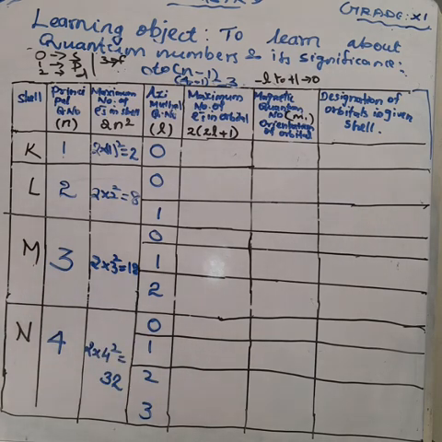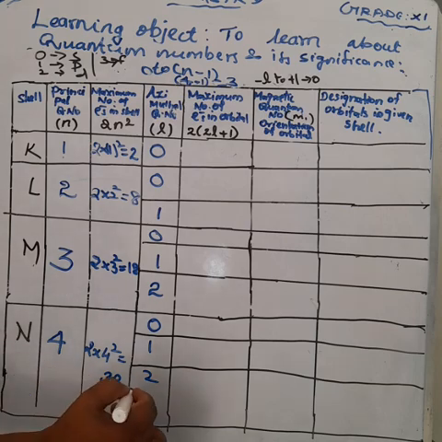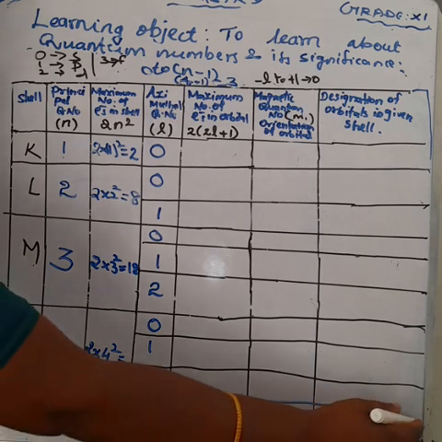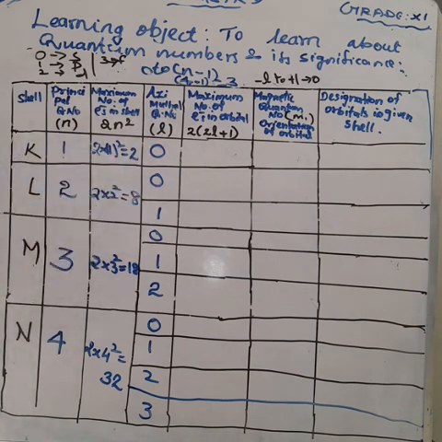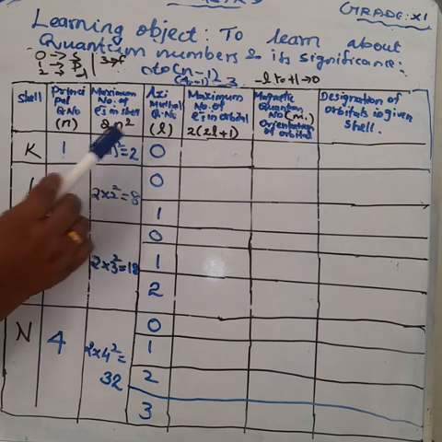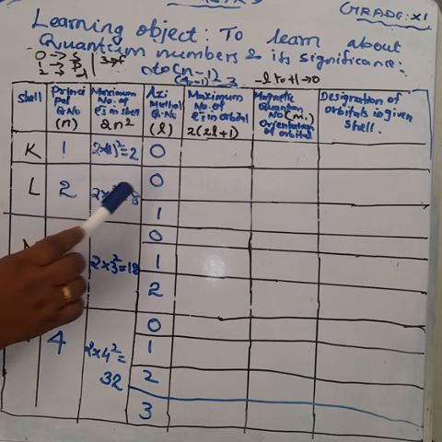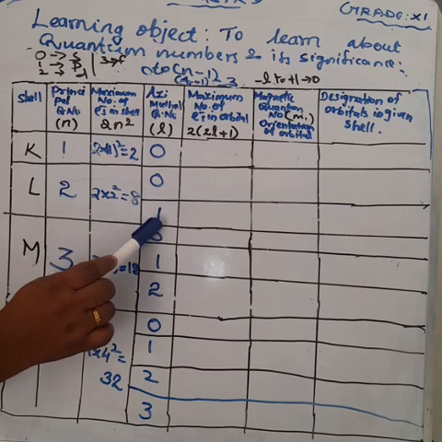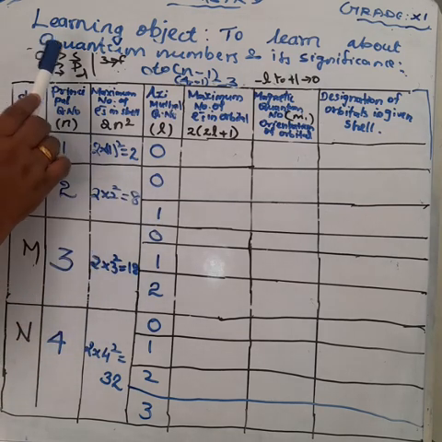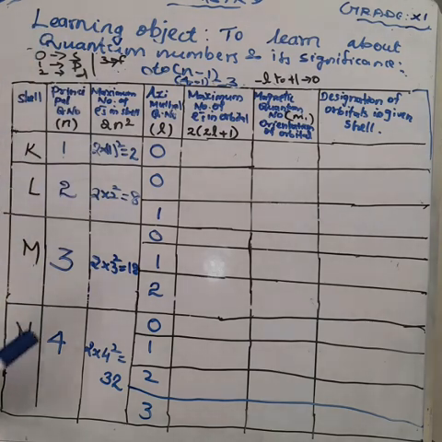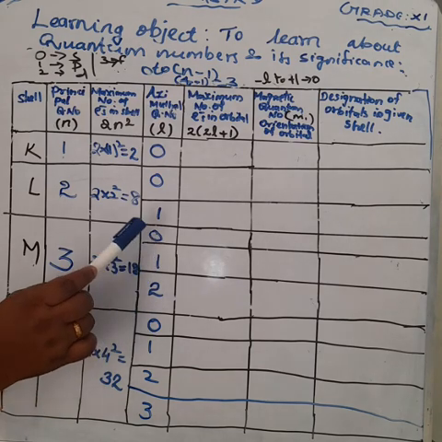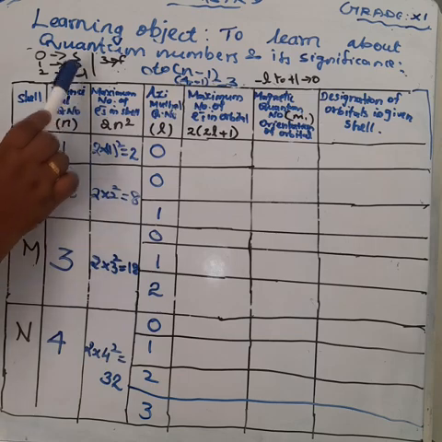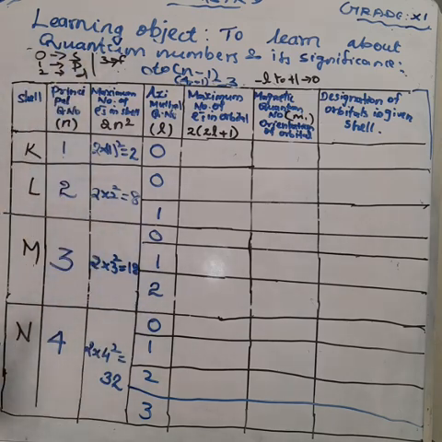So the azimuthal quantum number, small l, indicates the subshell. So the K shell has only one subshell, 0. 0 means s orbital. And the L shell has 2 L values, 0 and 1. 0 means S subshell and 1 means P subshell. And the M shell has 3 subshells, 0, 1, 2. 0 means S subshell, 1 means P subshell, 2 means D subshell.